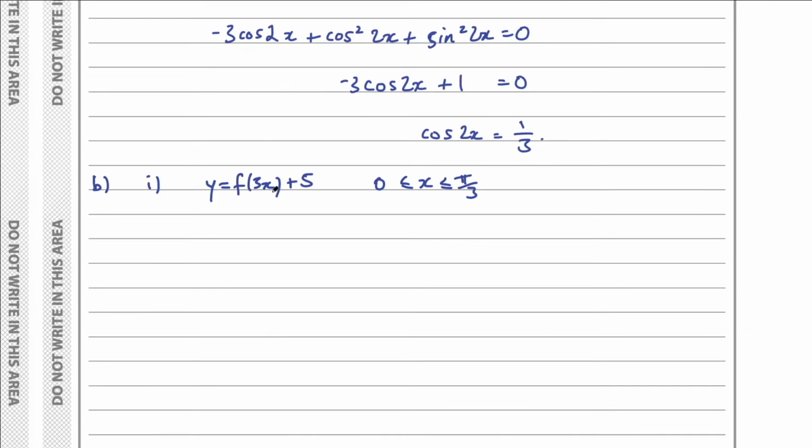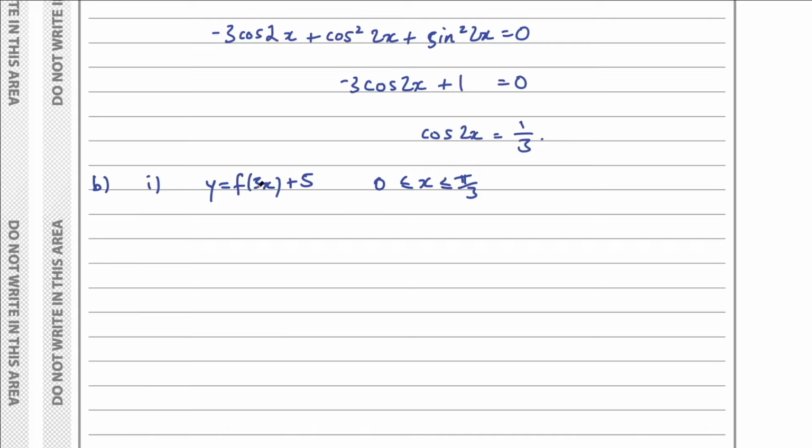You need to understand your graph transformations for this question. You need to understand what effect this 3x has on the graph of this function and on the derivative. Actually, it doesn't really matter what this effect has on the graph. We're really only concerned with the derivative because that's going to tell us the x-coordinate of the turning point.